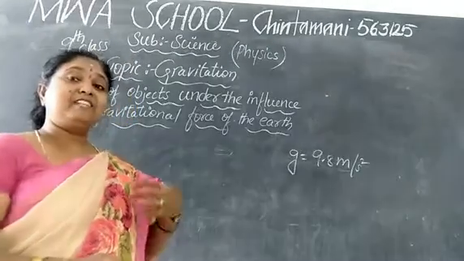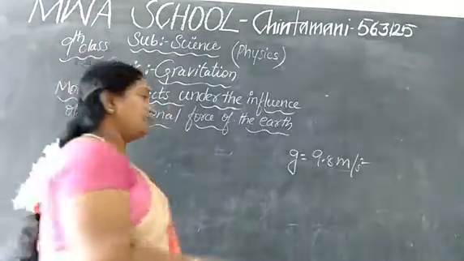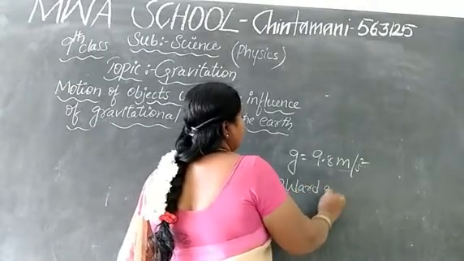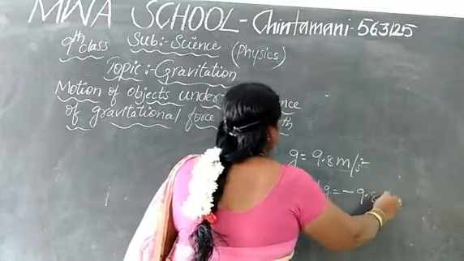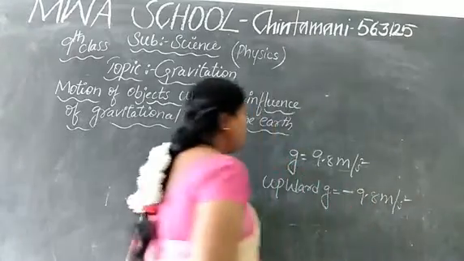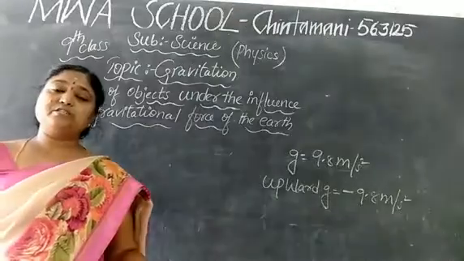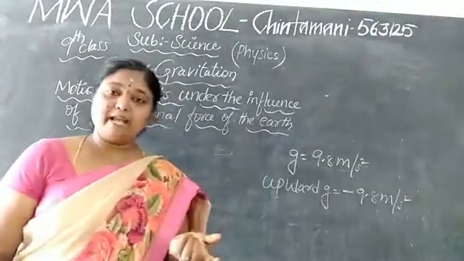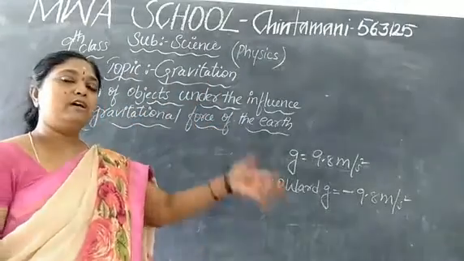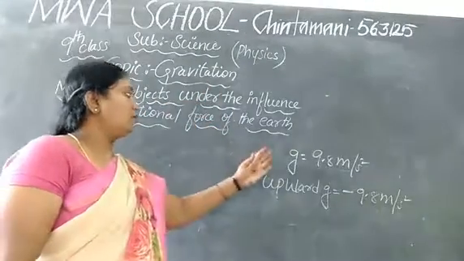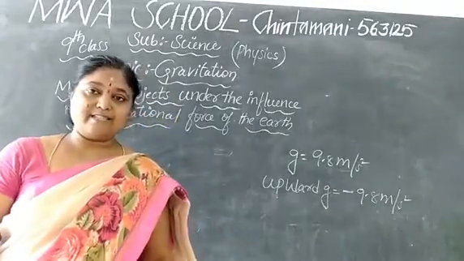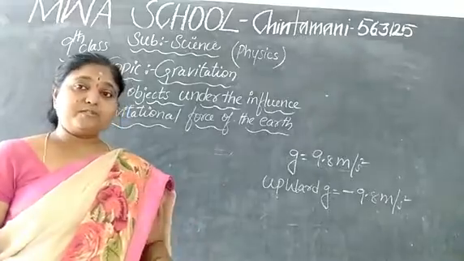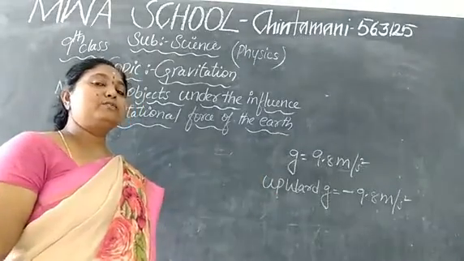If it is moving upward, the g value will be negative. If we are throwing the object up, we take g as minus. When it is free fall, coming from up to down, you take it as positive. The value will not change, it's constant. Whether it is positive or negative, we have to see.